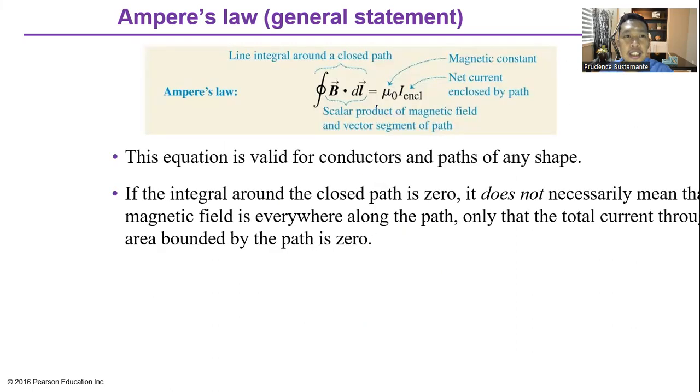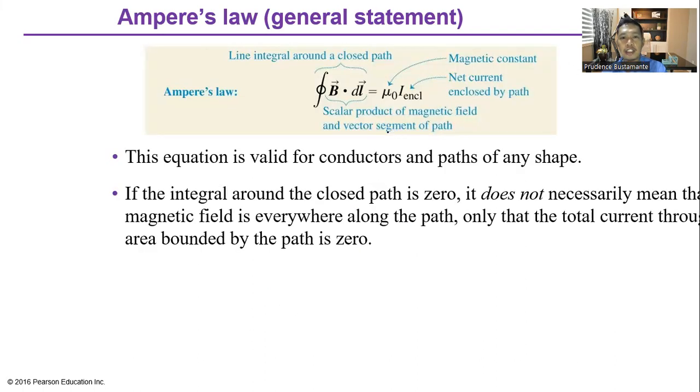In general, Ampere's law states that the scalar product of the magnetic field and a vector segment of the path is equal to the magnetic constant times the net current enclosed by the path. This is valid even though the path can be of any shape.